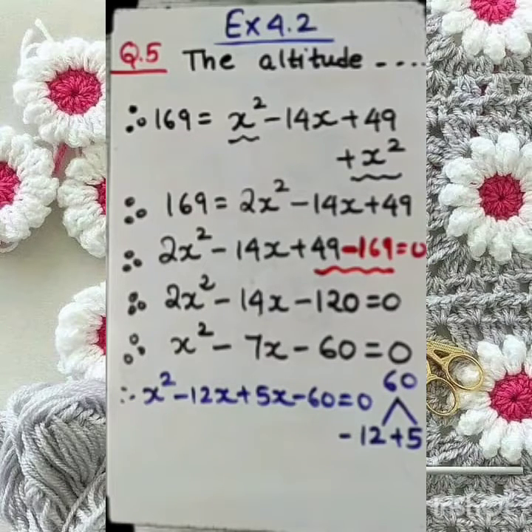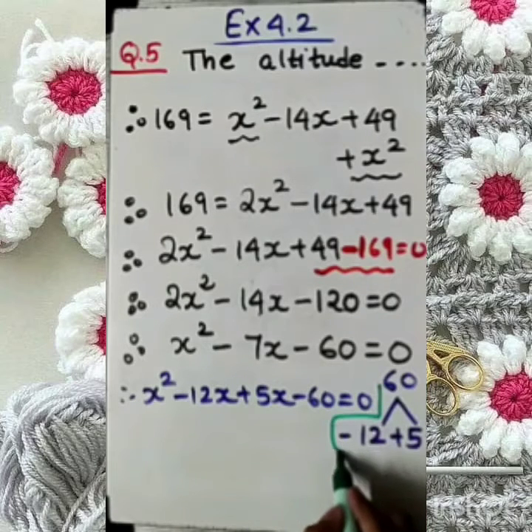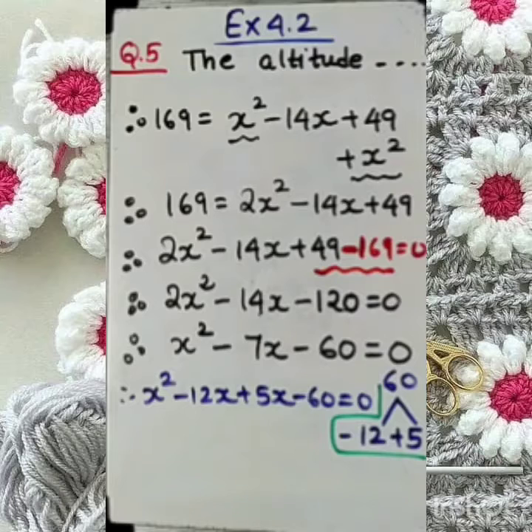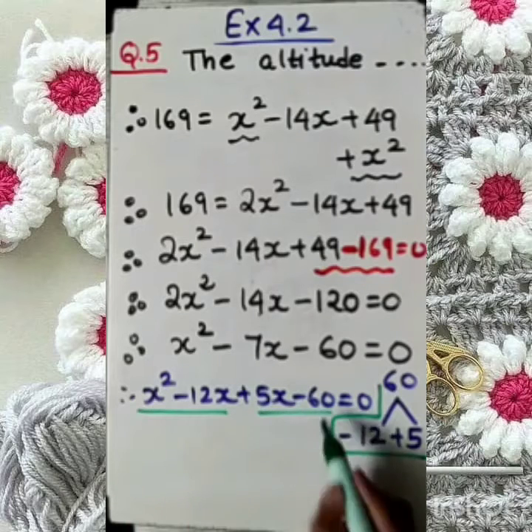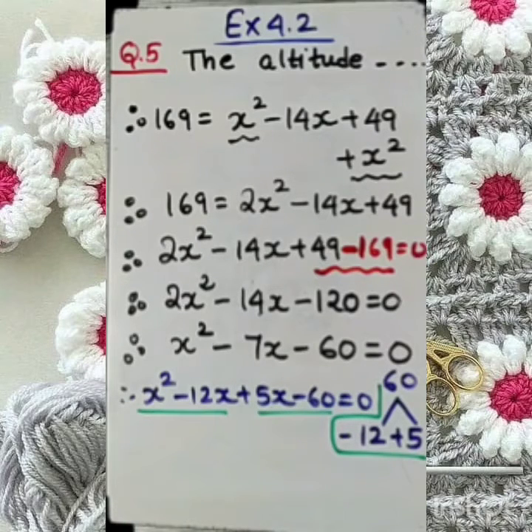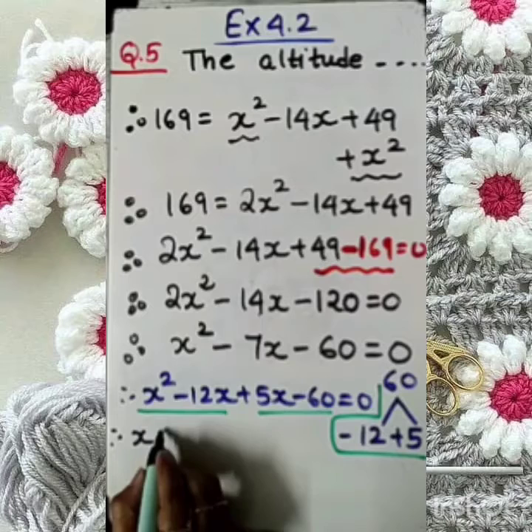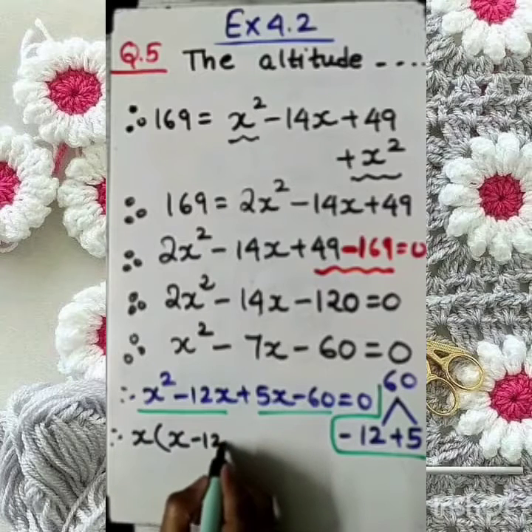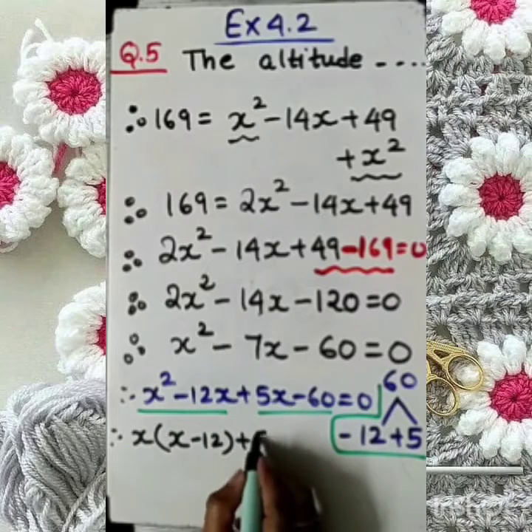This is the required equation. This I am keeping separate. Now from the first two terms I am taking something common. You can see from x square minus 12x, what should be common? We can write x common from the first two terms. So what do we have here? X minus 12. From these two terms, 5 is common.